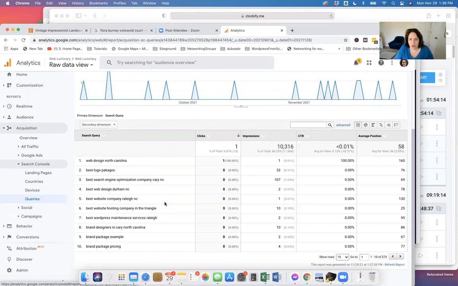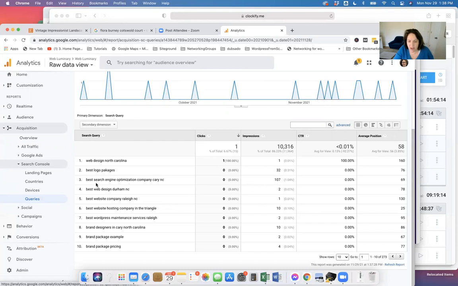I think I call that how to spy on your competition. But I want to see what people are typing in. So web design North Carolina has gotten me a click. That's great. And then these are how many times I show up in a search engine, namely Google, for these terms.